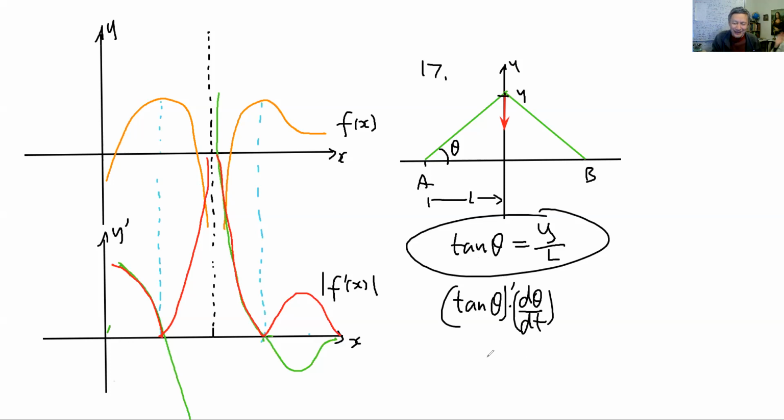Oh no, it's secant squared. Secant squared. Confusing. So that's why d theta over dt equals, since L is constant, and dy over dt. Then you can solve for dy over dt.